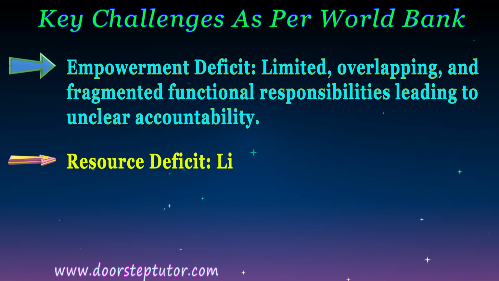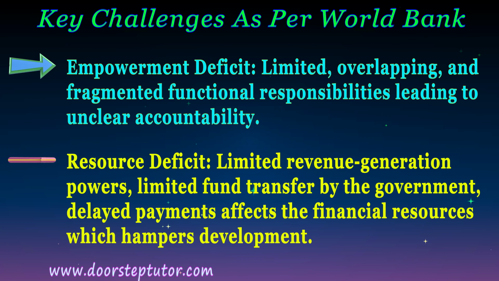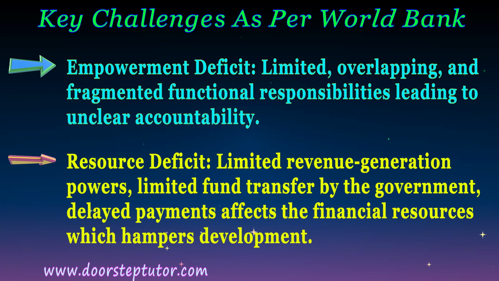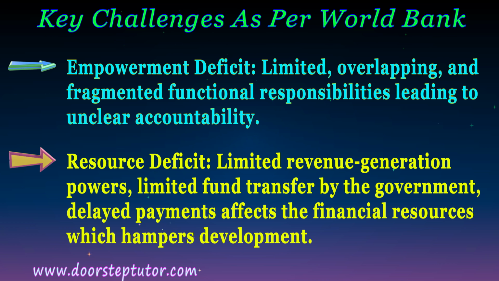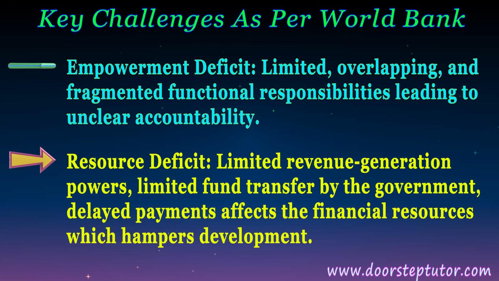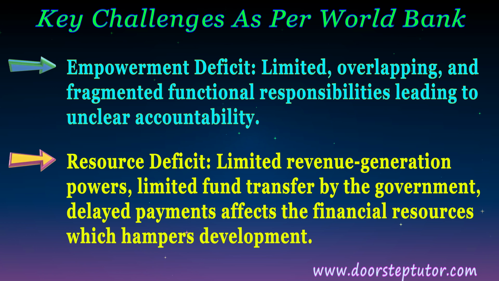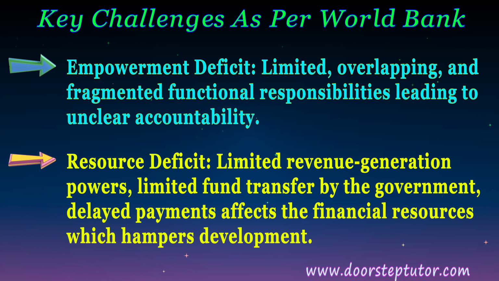Second is resource deficit. Resource deficit means that local level governance institutions lack adequate resources. This is because of the limited revenue generation power of the local bodies, because they have very little taxation power. Second is limited fund transfer by the government.